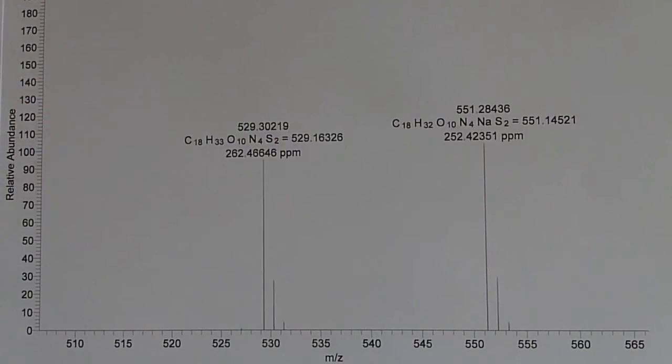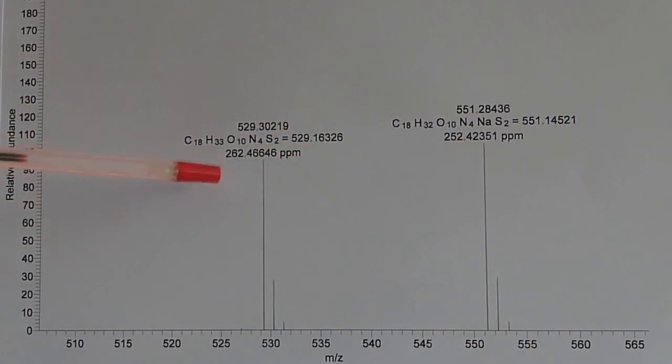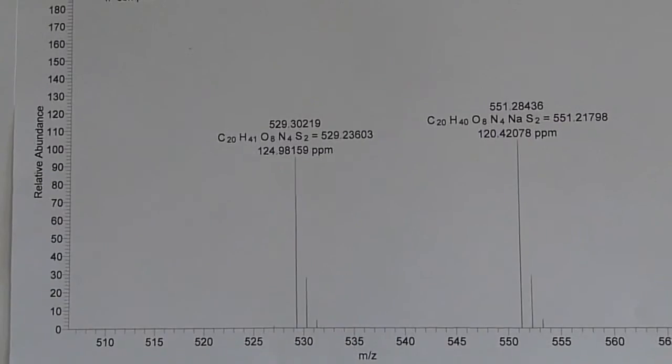We have a C18 theoretical composition yielding 529.16326, a difference of 262 parts per million. For the presumed 2M plus sodium adduct, our difference is again over 250 parts per million. Confirmation that we're throwing out methionine-aspartic acid as a possible.